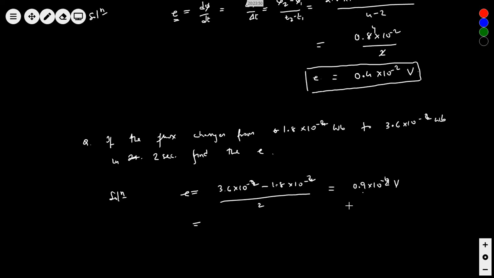Yes, sir. Isn't this what we have discussed? If the rate of change of magnetic flux is more, the current induced will be more. Faraday's second law of electromagnetic induction: the magnitude of induced EMF depends on the rate of change of magnetic flux linked with the coil. So if flux changes more, EMF will be more. Okay?